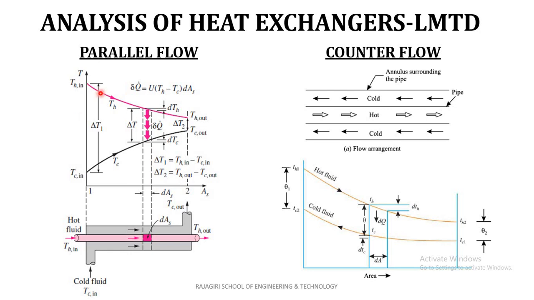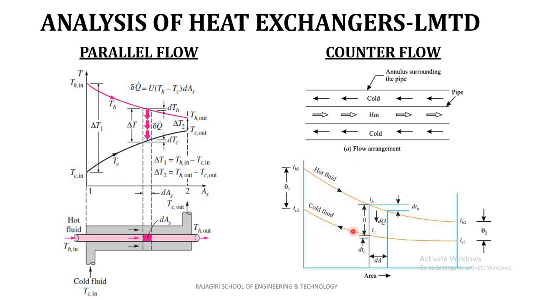So in a parallel flow heat exchanger, delta T1 or theta 1 is the difference Th1 minus Tc1. But in case of a counter flow heat exchanger, theta 1 is Th1 minus Tc2.